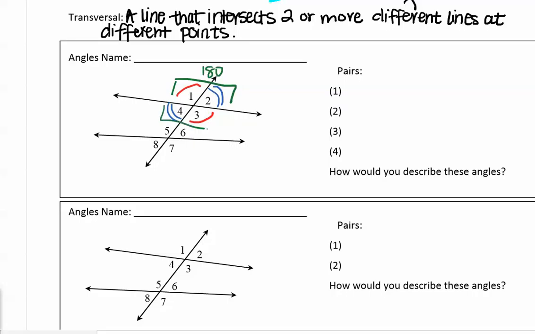Angle 3 and angle 4 would. Angle 2 and angle 3 would. Angle 1 and angle 4 would. So you get linear pairs as well. So those relationships are still existing. Okay, but we're looking specifically at the relationship between angles in one group of 4 and angles in the next group of 4.